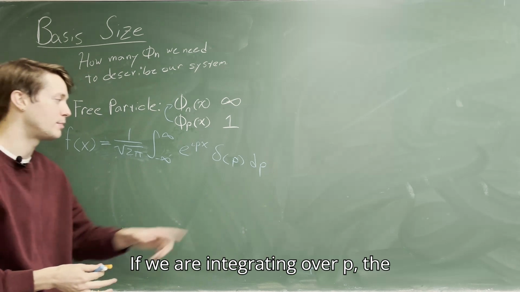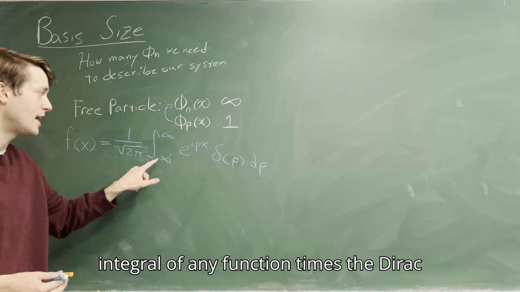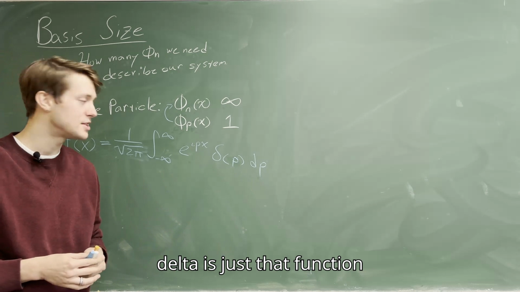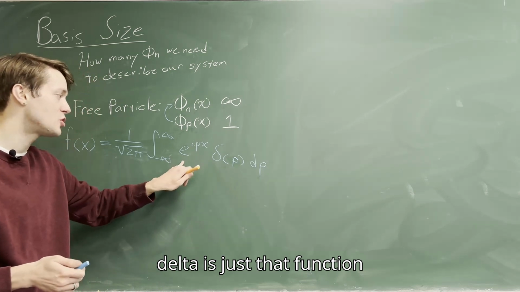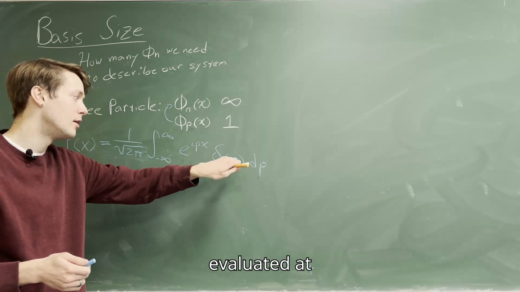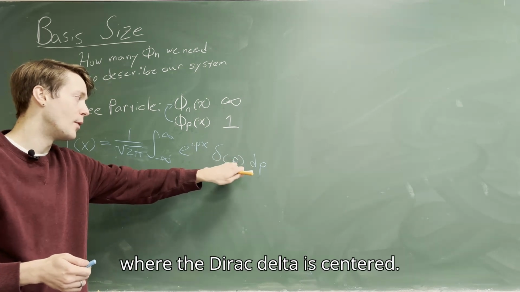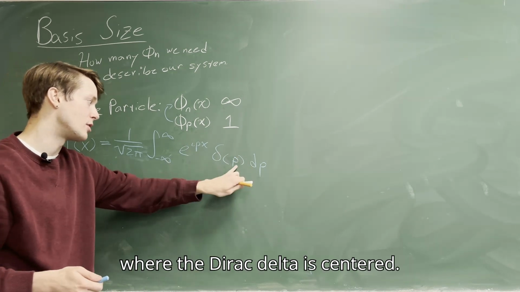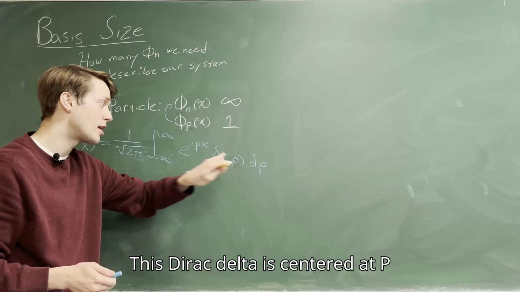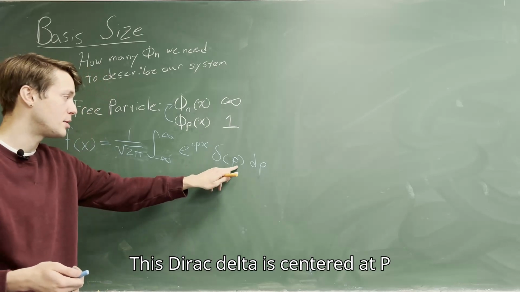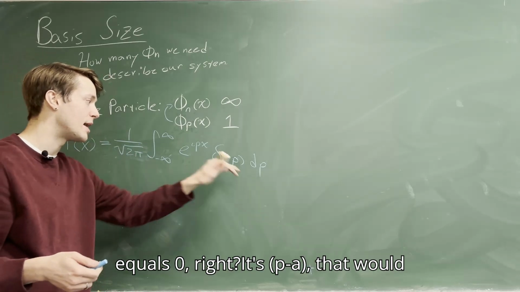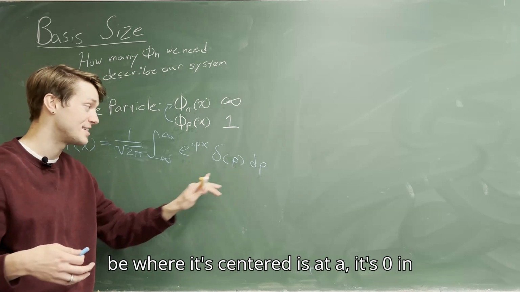If we are integrating over p, the integral of any function times the Dirac delta is just that function evaluated at where the Dirac delta is centered. This Dirac delta is centered at p equals 0, right? It's p minus a. That would be where it's centered, is at a.